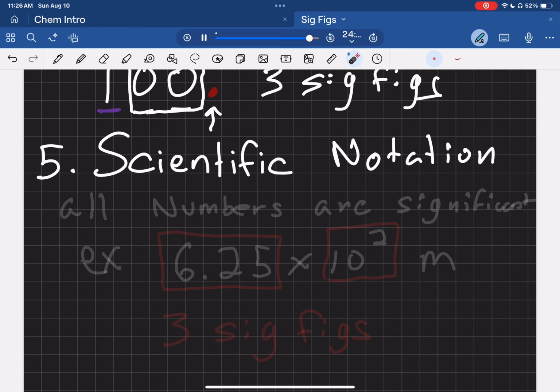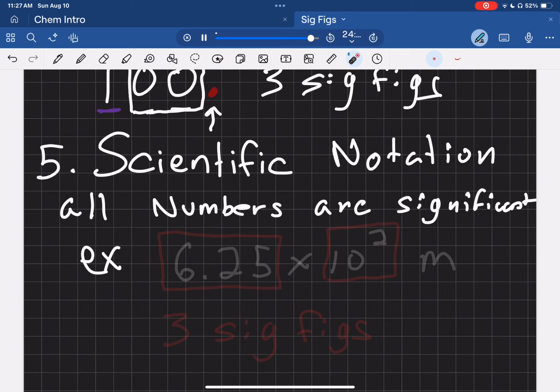The rule for scientific notation is all numbers are significant.